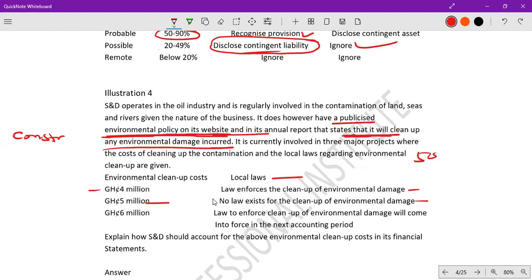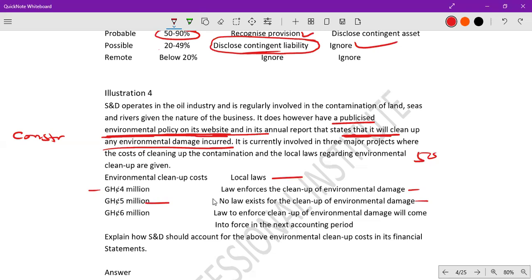There is no law, but the company has taken it upon itself that this is what they do. Everybody knows it. It is publicized. So they can be held to that obligation, even though there is no law. So we'll recognize the 4 million, and we'll also recognize the 5 million.